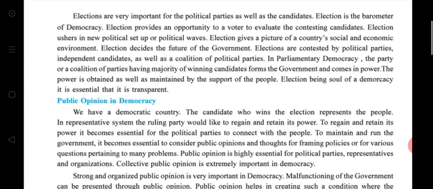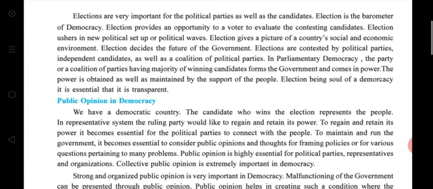Election is the barometer of democracy. Please underline this point also. This statement is most important for the examination. In your paper, a question may come like explain the statement or give reason: election is the barometer of democracy. So you should write in detail.